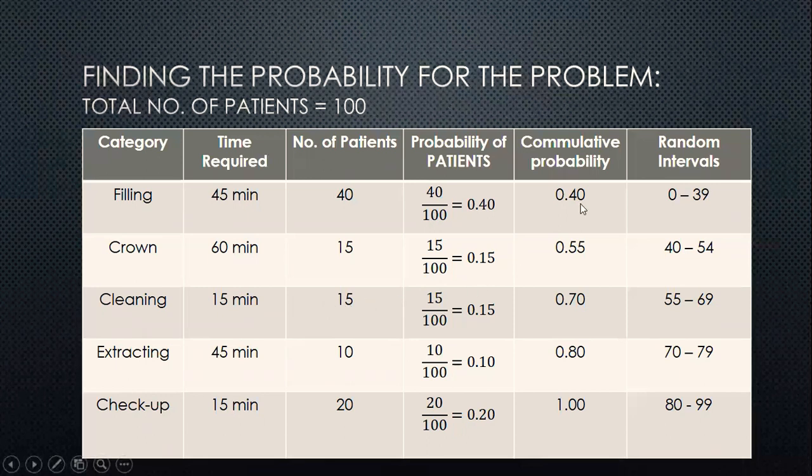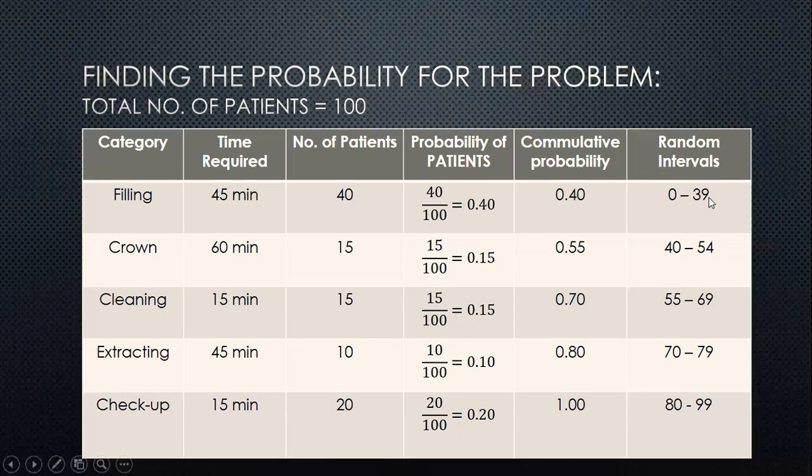By setting the intervals, we take care that the random number is always less than the cumulative probability. So we start with 0 and it ends with 39 because 40 is greater than 39.